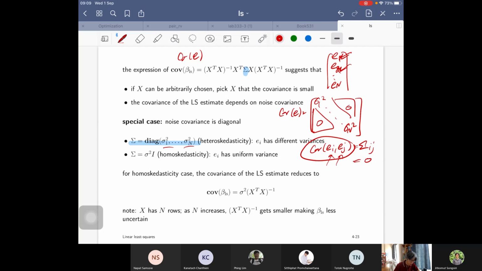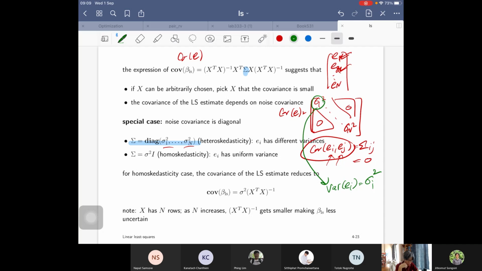But then what is the interpretation of the diagonal term? Of course, that is the variance of EI, given by sigma I square. Now we assume it to be different, sigma 1 squared through sigma n squared. It means that as you draw the samples from each instance, the noise characteristics are not the same.